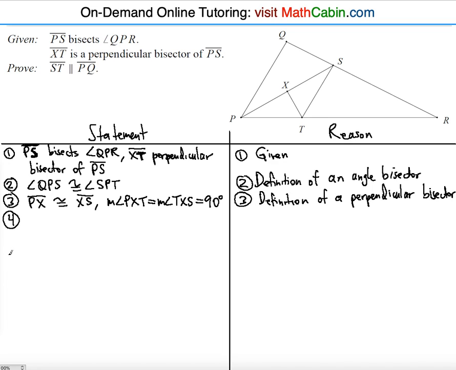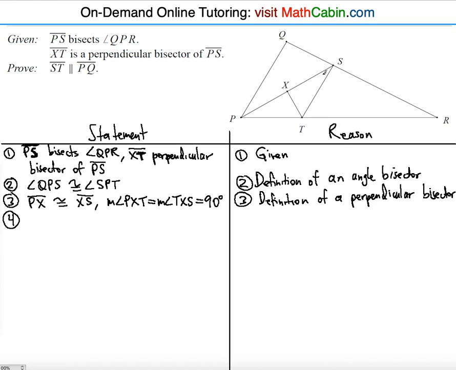Now, the next step is, so what are we trying to do? We're trying to show that ST is parallel to QP. Okay, so notice that if we show that, for example, these two triangles are congruent, we can use its side relationships and find corresponding parts, and then that way we can estimate what's going to be happening with the relationship outside, right?